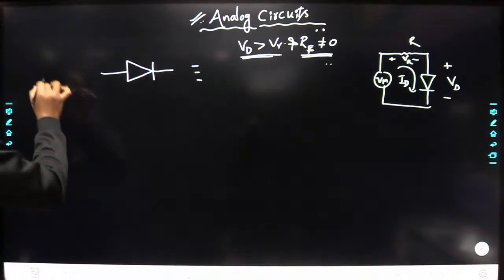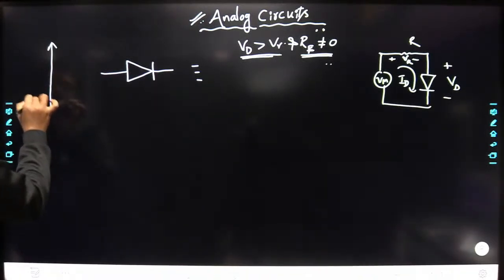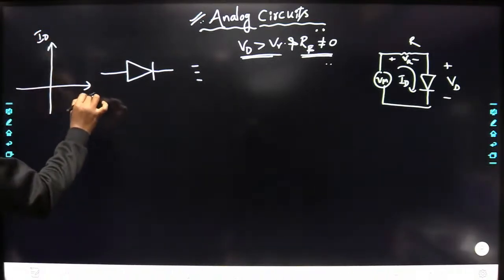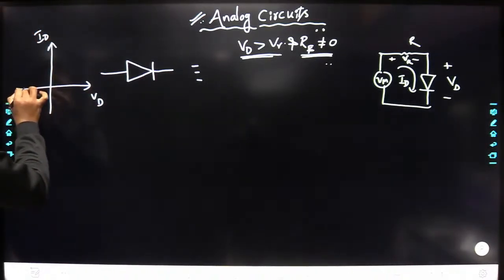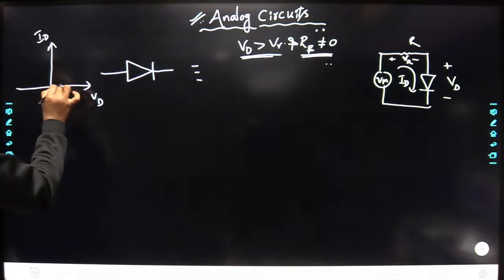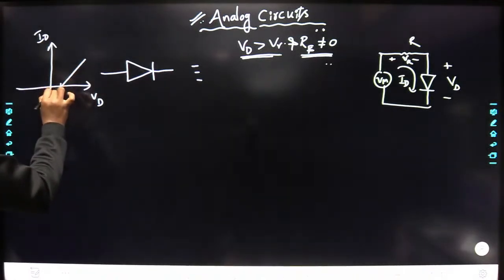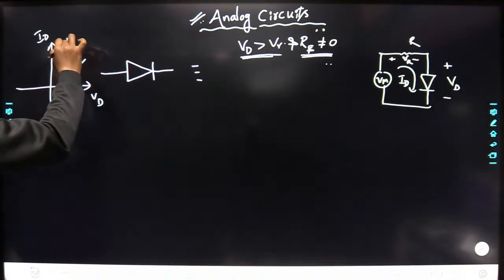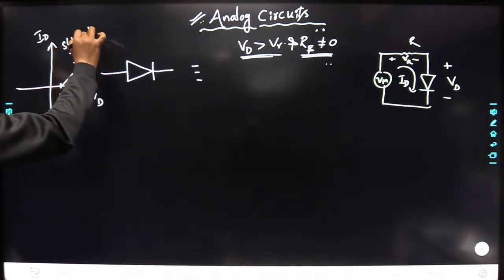In this case, the graph will look like this. This is ID, this is VD, and this is V gamma. The slope is equal to 1 by RF.